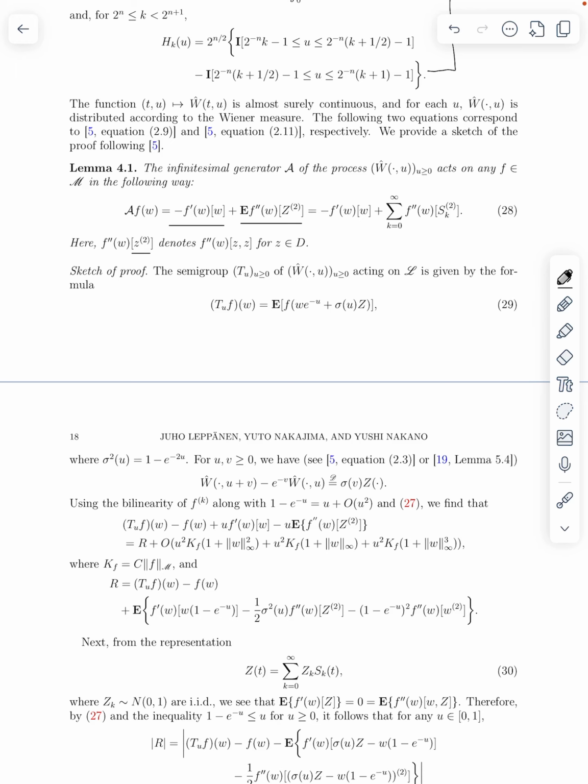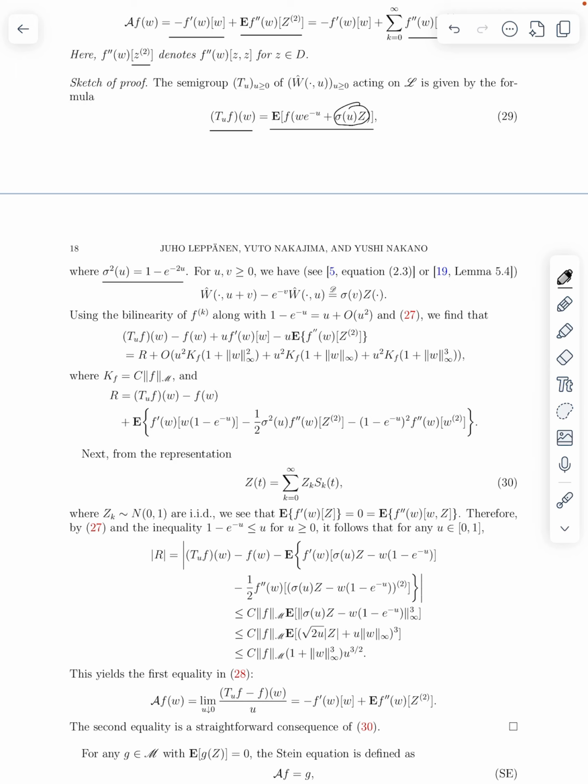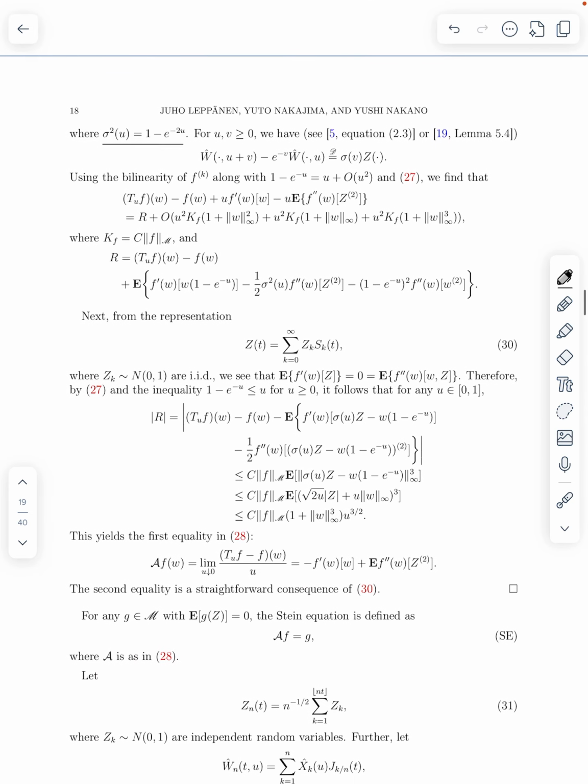This is whatever the path started as; we let it decay down, and then we add in a new Brownian motion, totally independent of what we have so far, on top of it with this scaling factor sigma of u. Sigma of u here is just the square root of 1 minus e to the negative 2u. You can think of it as a scaling factor to make sure that as this term is decaying, we're maintaining the rest of it.